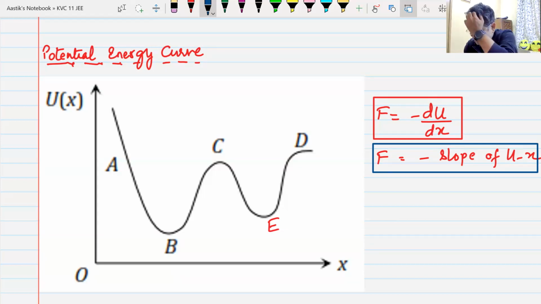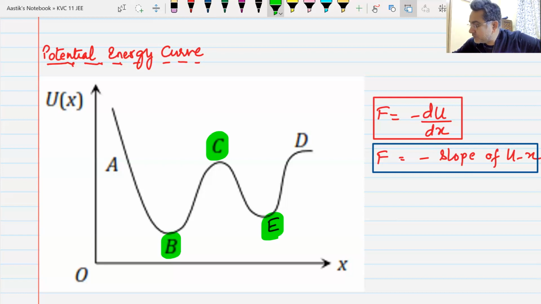Okay. Now there are certain points which are of great importance: point B, point C, point D, and point E. What is so important about these points?